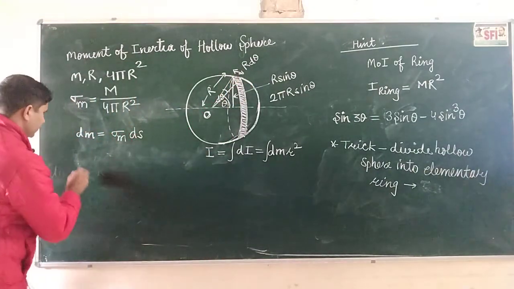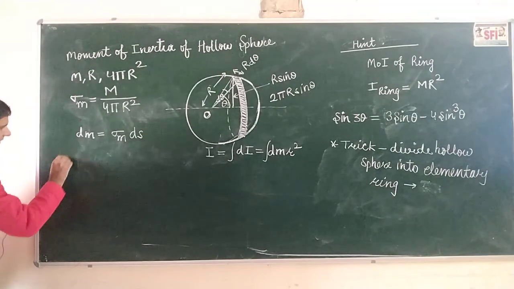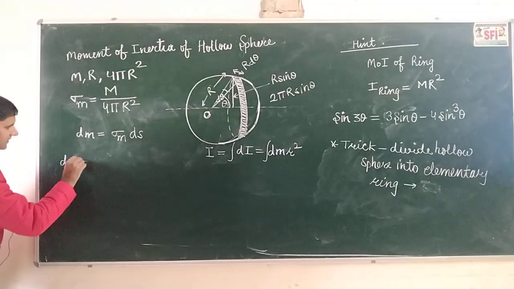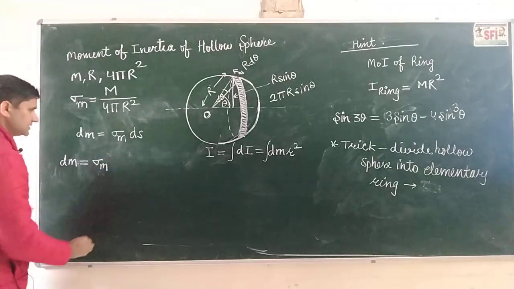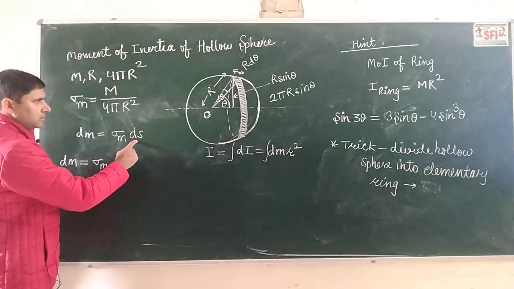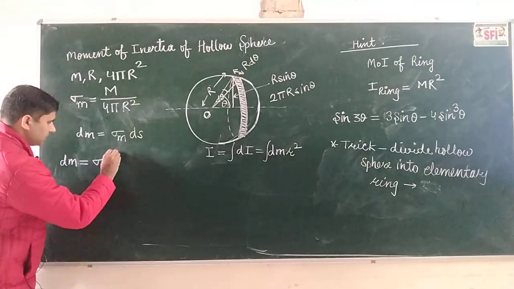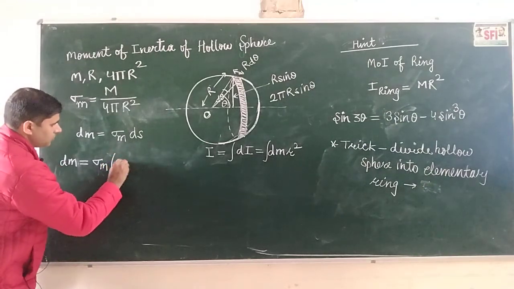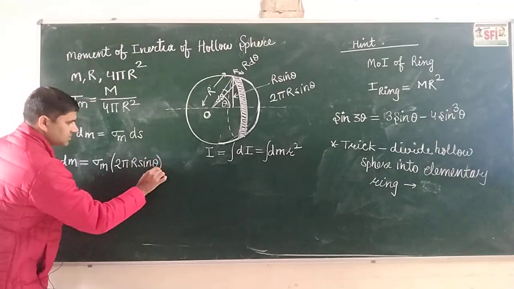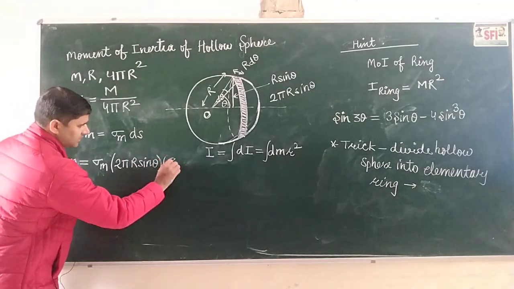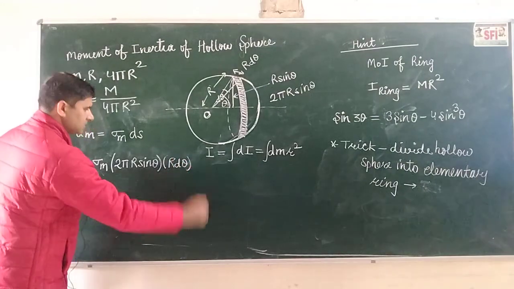So from here you can get the mass of the elementary ring, and it will be the surface mass density into the area of the elementary strip, and that will be 2 pi r sin theta, this is the circumference, into the thickness, and the thickness is r d theta.